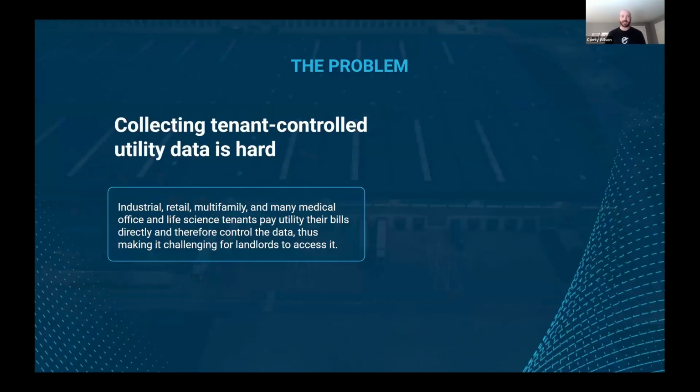But collecting tenant-controlled utility data is really hard. Industrial, retail, multifamily, a lot of medical office and life science properties, tenants pay the bills. They control the data, and it makes it very hard for landlords to meet investor reporting requirements, benchmarking rules, etc.